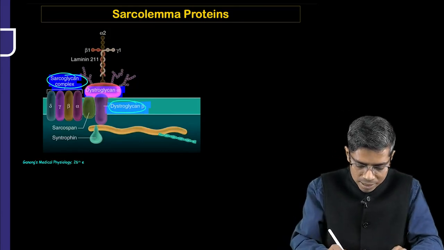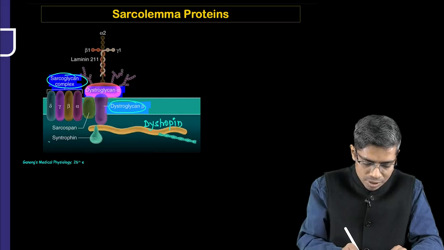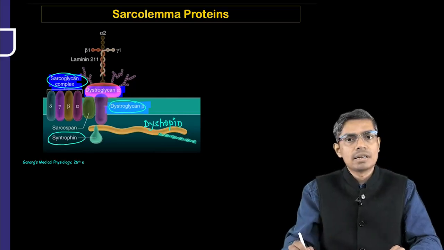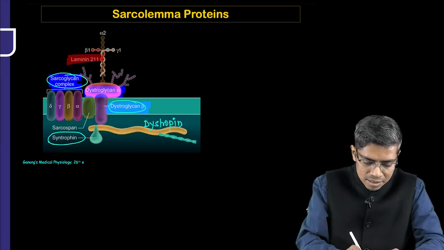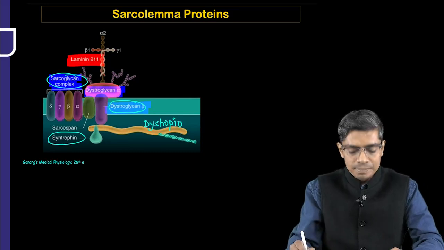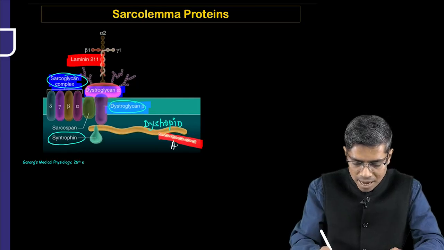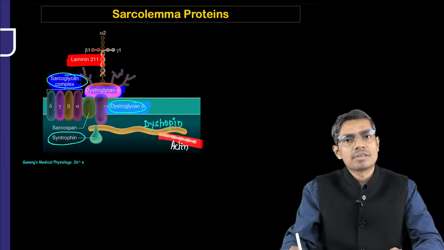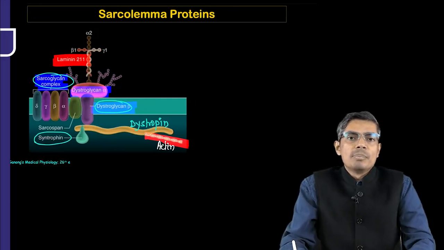Along with that, you can find this long blue colored protein. This is nothing but your dystrophin, and along with dystrophin, the syntrophin is also attached. I told you these proteins remain attached with the extracellular matrix laminin component and the intracellular actin component. So this is nothing but your actin component, that is the cell cytoskeleton component. In this way, it is giving strength to the membrane.